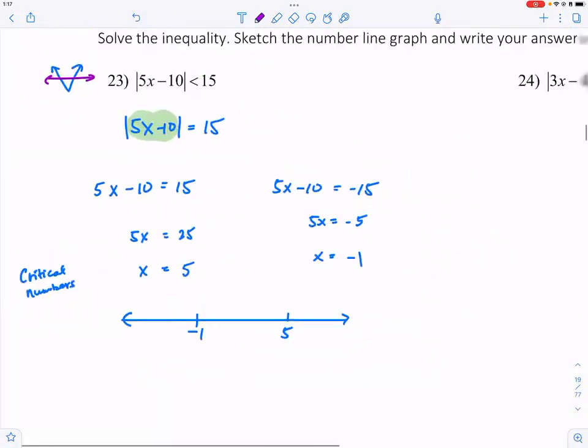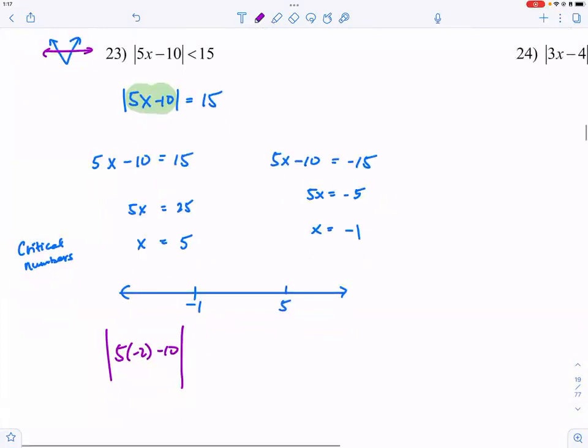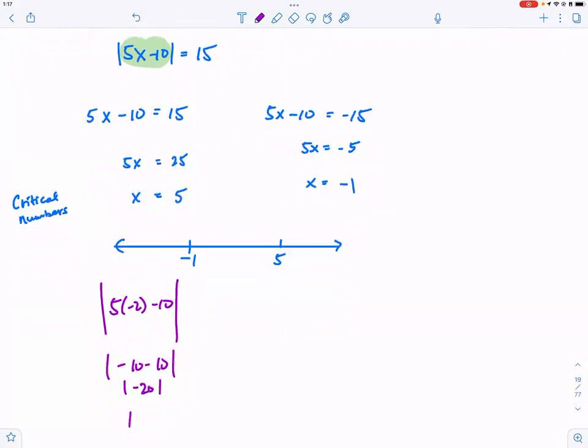So we think about 5 times negative 2 minus 10, absolute value of that. 5 times negative 2 is negative 10, minus 10, you have negative 20 inside the absolute value. So the absolute value of negative 20 gives you 20.